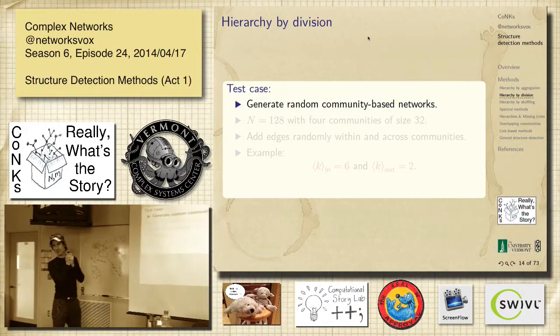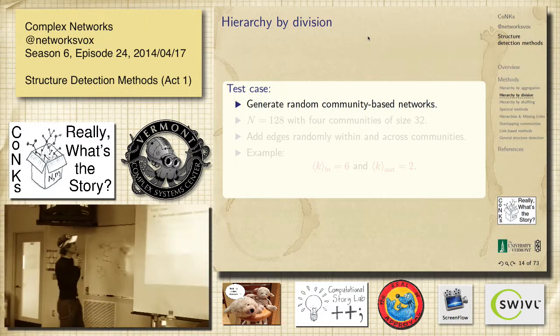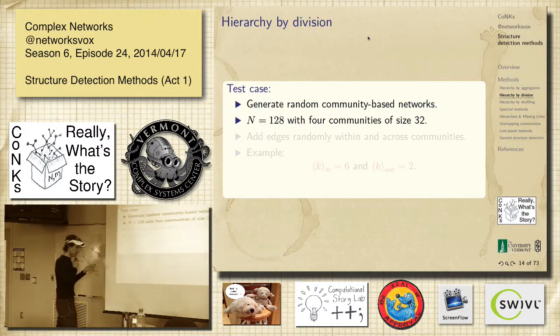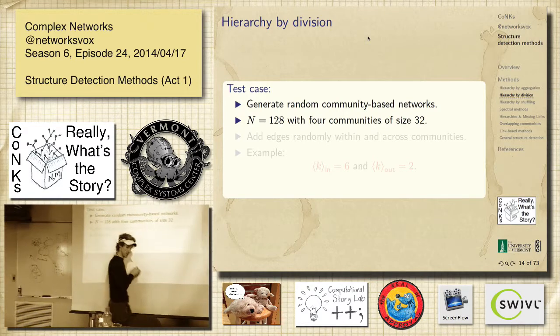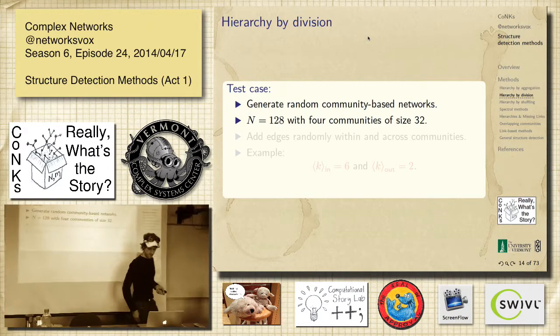Okay, here's a little test case, just to see how this thing works. So, 4 communities, 32 nodes in each, and it's going to be random except for one aspect.